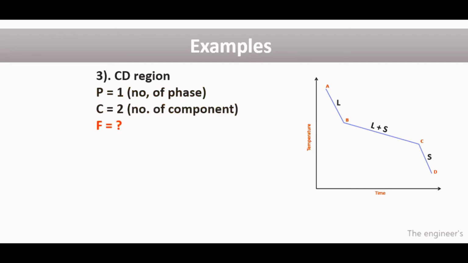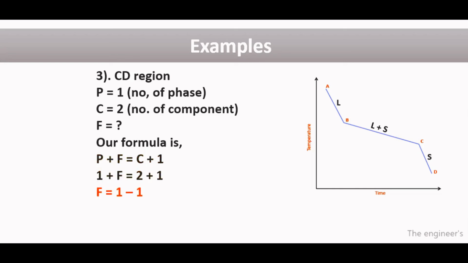In this example we also need to find the degree of freedom, that is F. Our formula for finding degree of freedom is P plus F is equal to C plus 1. Just put the value of P and C and simplify the equation. We get the value of F, that is 2. So our degree of freedom for CD region is 2.